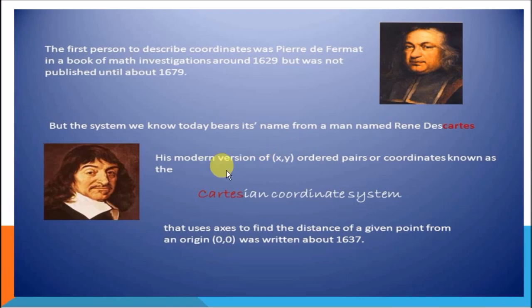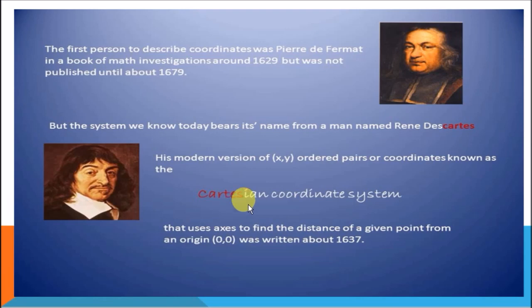Descartes, with his modern version of XY ordered pair of coordinates, which are now known as Cartesian coordinate system, was able to introduce his idea to the world in 1637, although he had written his idea 8 years later than Fermat, but was able to introduce it to the world much faster than Fermat. That is why the modern coordinate system has been credited with Descartes, and that's why it is known as Cartesian coordinate system.